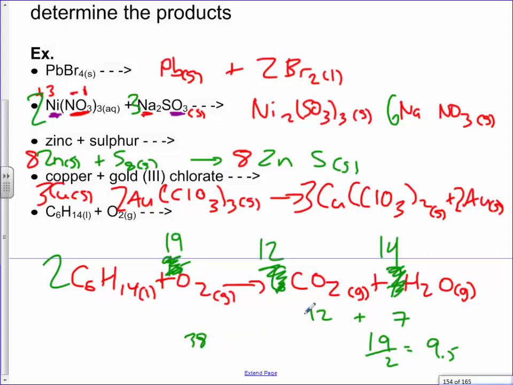Just write that down there. Oh, wait, over here we have oxygen coming from 2 different locations, so we'll have to put them together. 12 groups of 2 is going to give us 24. 12 times the 2 is 24. And then 14 right here times, I guess, just 1 oxygen, so 14. 24 and 14 equals 38. We did it.